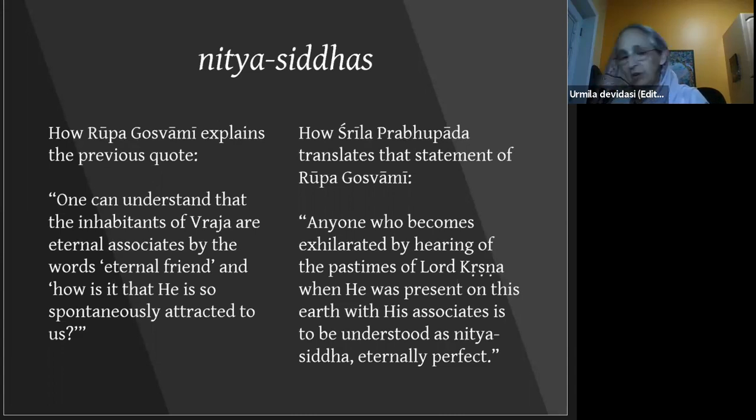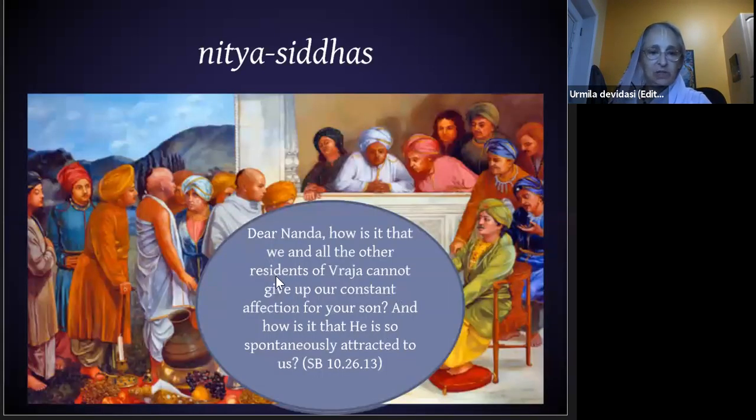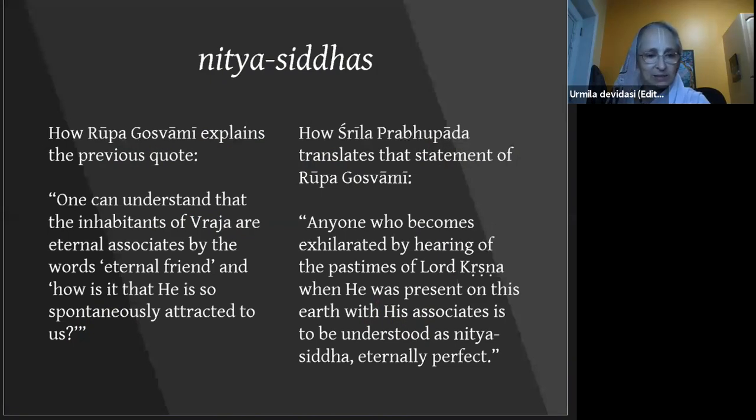Now, if we look at Bhanu Swami's translation of Rupa Goswami's, this is what I'm seeing that Srila Prabhupada translated here. Rupa Goswami is explaining this quote that the cowherd men are saying to Nanda Maharaj, how is it that there's this mutual attraction between us and Krishna? And Rupa Goswami is explaining this.